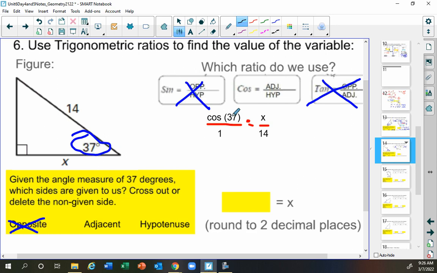What number is the cosine of 37? What do we get? 0.7986. Okay. Actually, I'll do that.